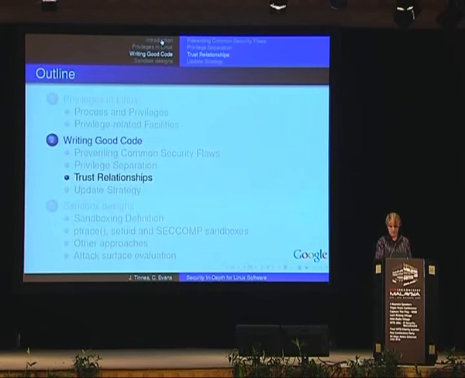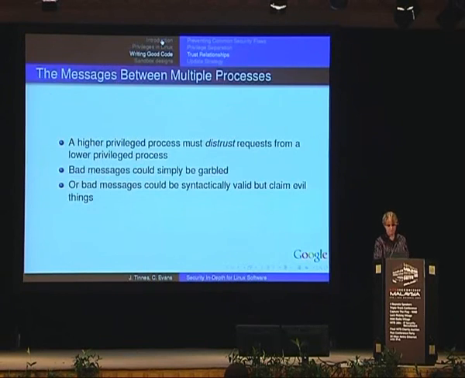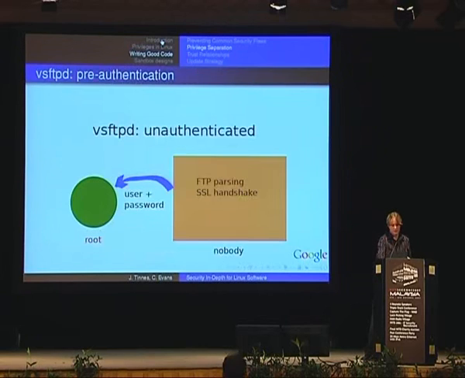So we need to talk about trust relationships between these multiple processes. So we've sort of almost covered this a bit, but if you have a higher privileged process, it's got to really distrust any interaction with the lower privileged process. Let me go back to the unauthenticated slide.